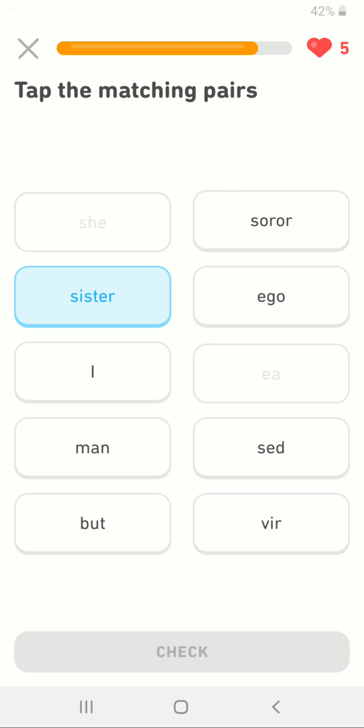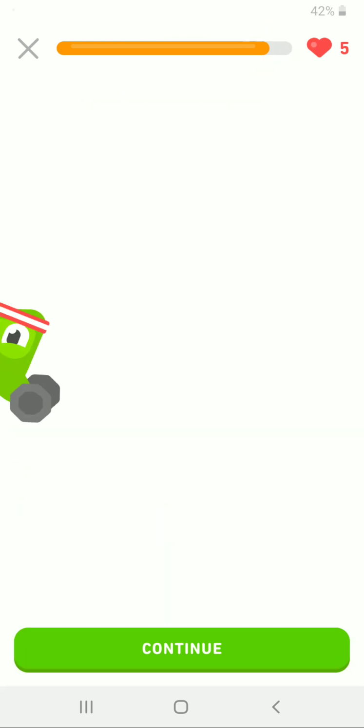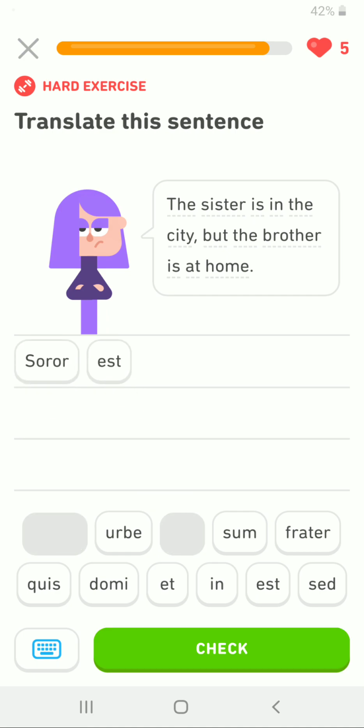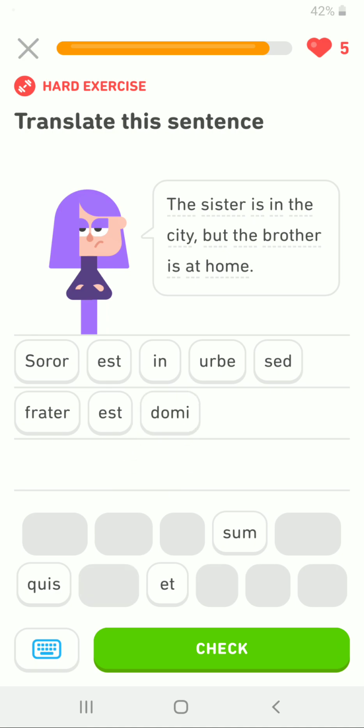Frater is brother, but soror is sister. So soror est in urbe. Sed frater est domi.